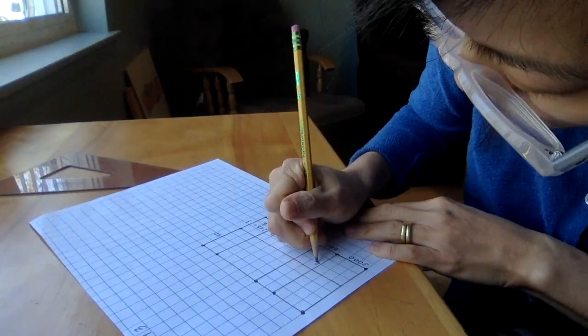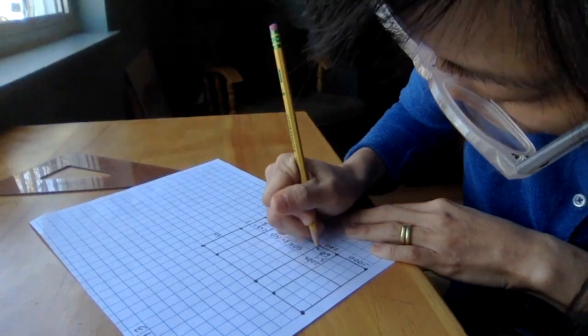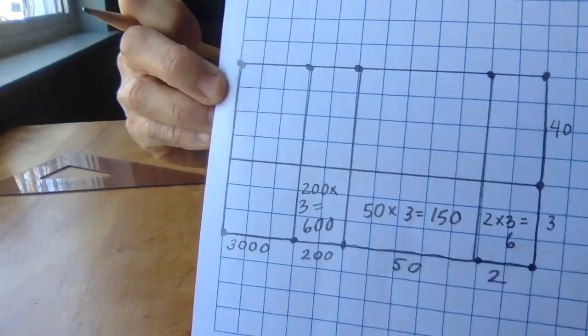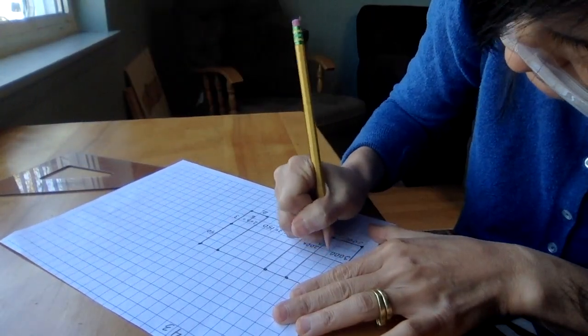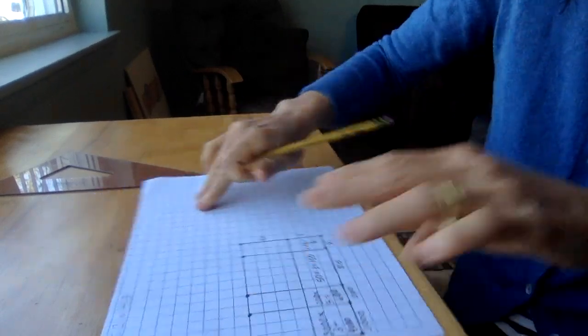Here we have 200 times 3 equals 600. And then we're going to move on to our thousands. We have 3,000 times 3 equals 9,000.